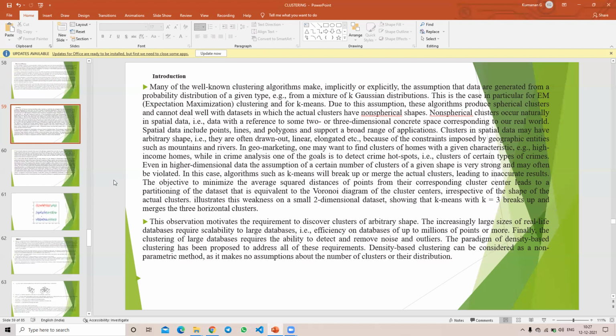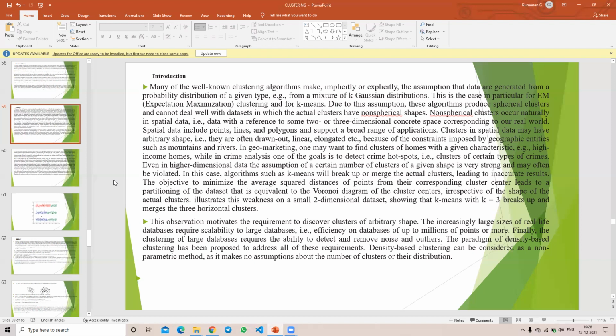The objective to minimize the average squared distance of points from the corresponding cluster center leads to a partitioning of the data set that is equivalent to the Voronoi diagram of the cluster centers, irrespective of the shape of the actual clusters. This illustrates the weakness on a small two-dimensional data set, showing that K-means with K equal to 3 breaks up and merges the three horizontal clusters. This observation motivates the requirement to discover clusters of arbitrary shape.